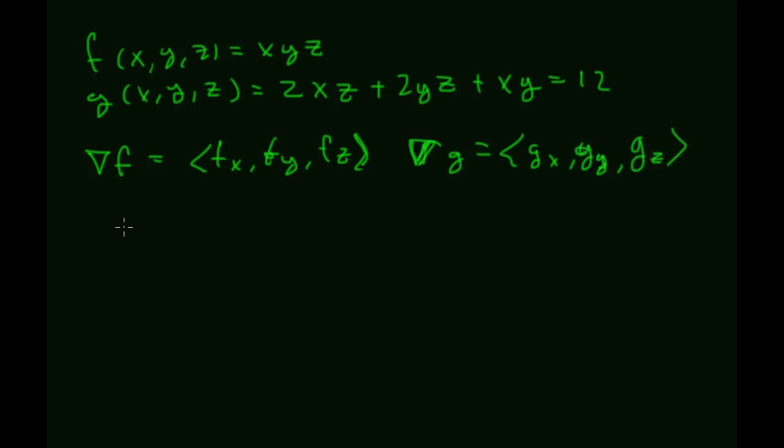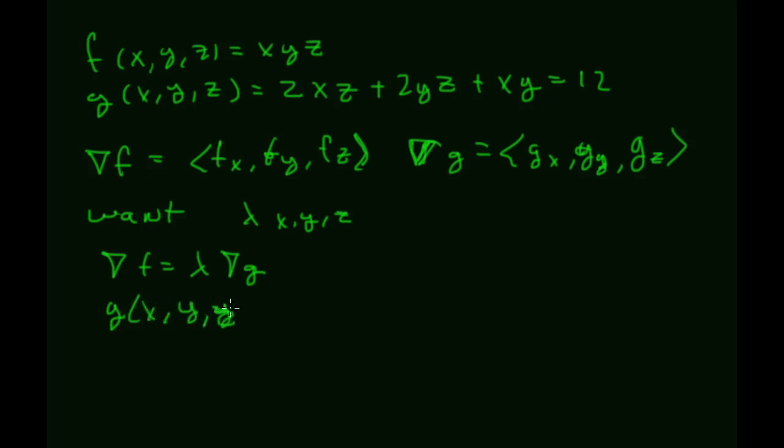I want the lambda, x, y, and z that make del f equal to lambda times del g, and I also want g of x, y, z to be equal to 12. I need both of these to be true.